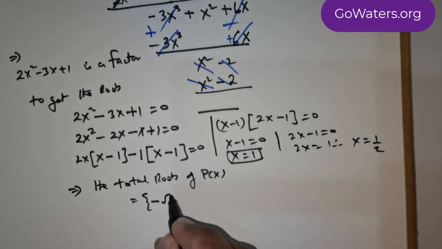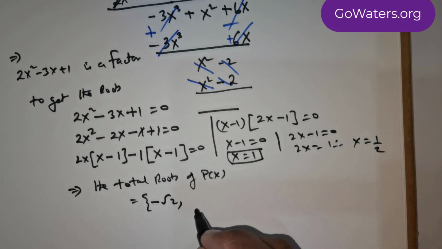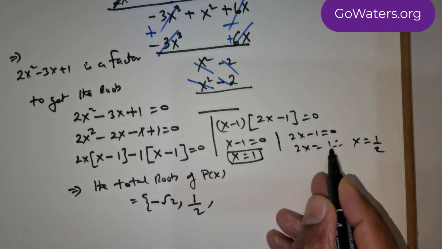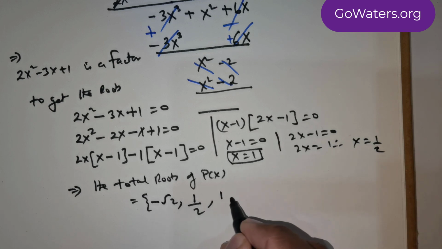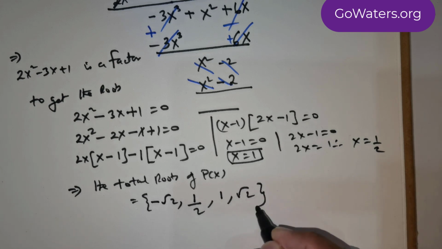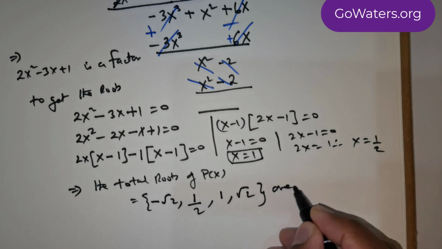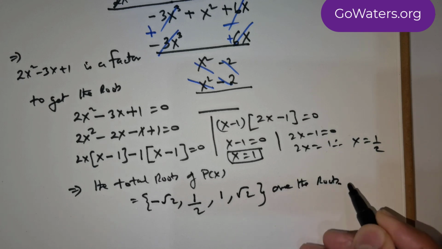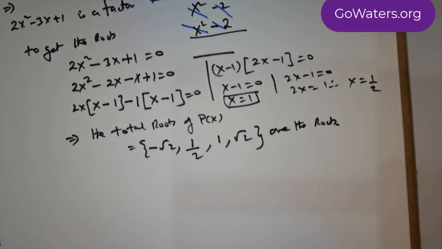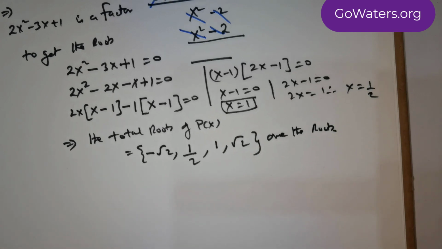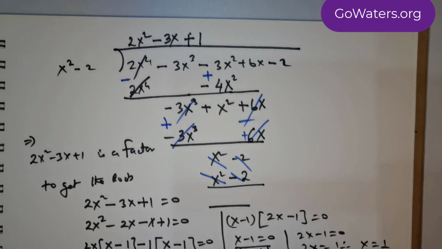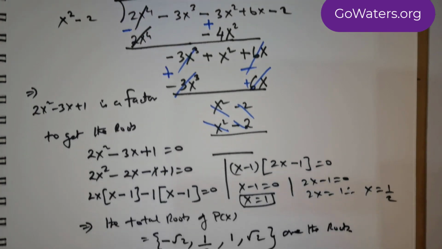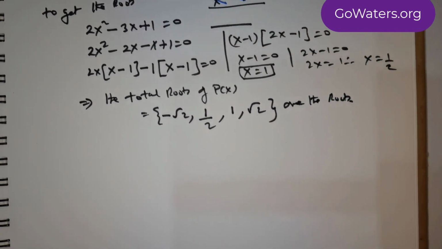So I will start with negative root 2 and then I will state 1 over 2 and then I will say 1 and then followed by root 2 are the roots, right? So we have actually found all of the roots for this particular question. So this is the completion of this particular problem. So you need to be a little bit careful in this case and not make any slips.